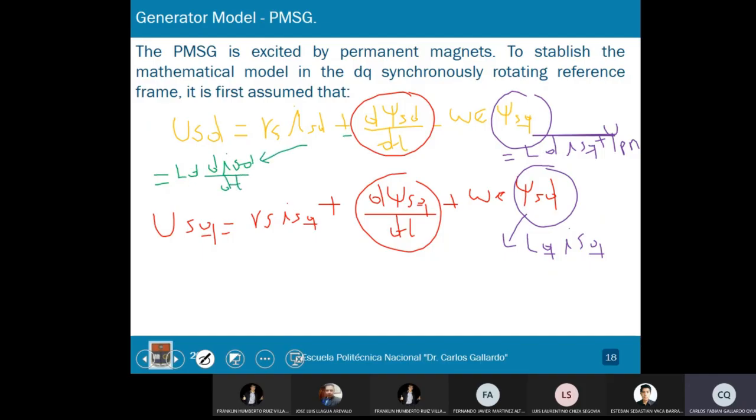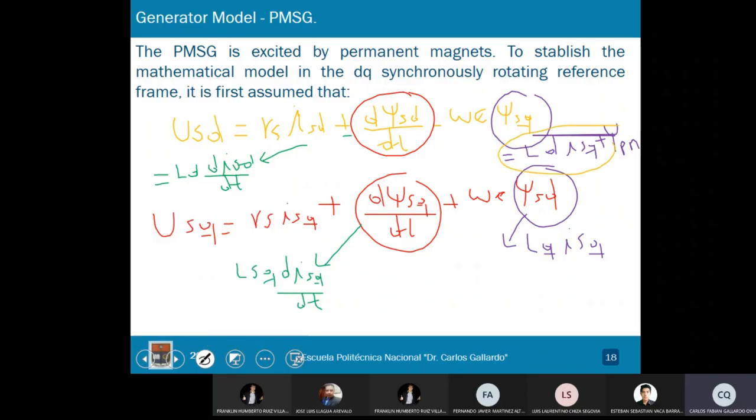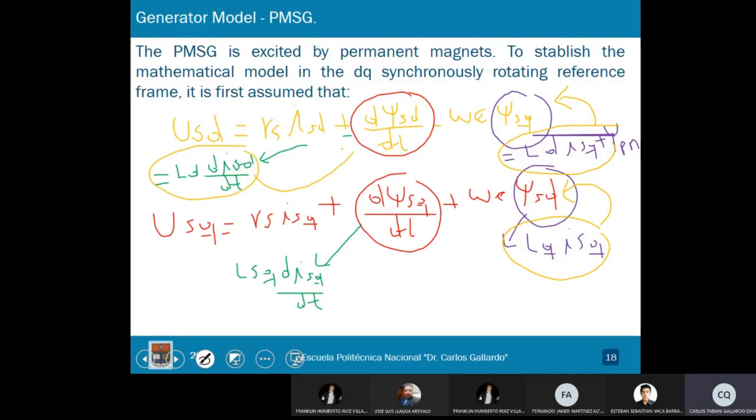This is this flux. What about this flux? By definition it is equal to the stator inductance on Q axis times the derivative of the stator current on Q axis. So substituting this equation here and this equation here, I will get the two equations as a function of the derivative of the currents.